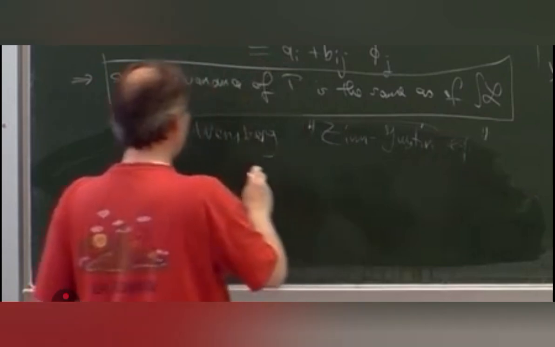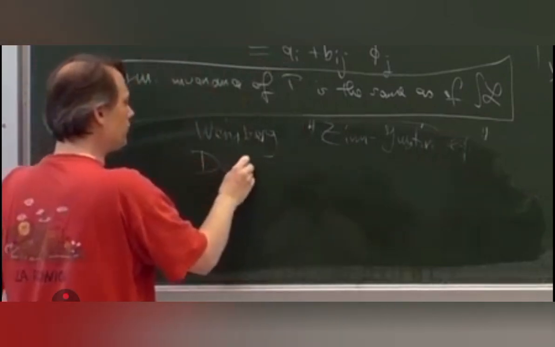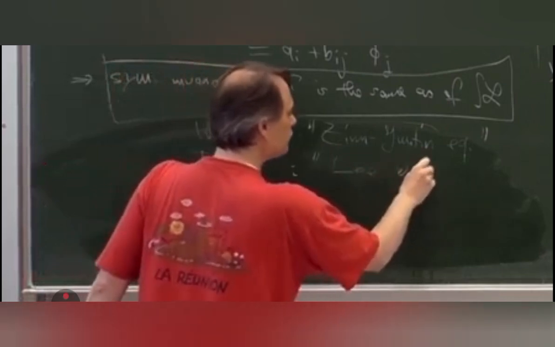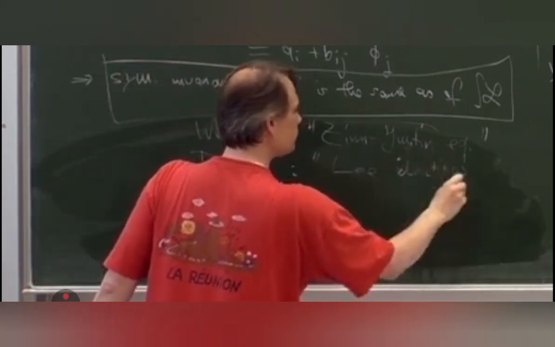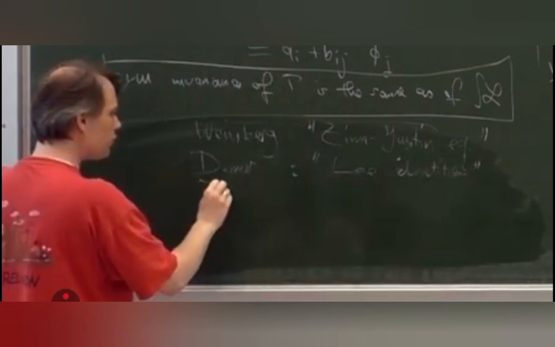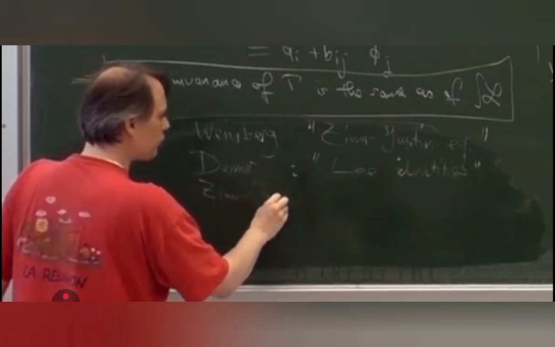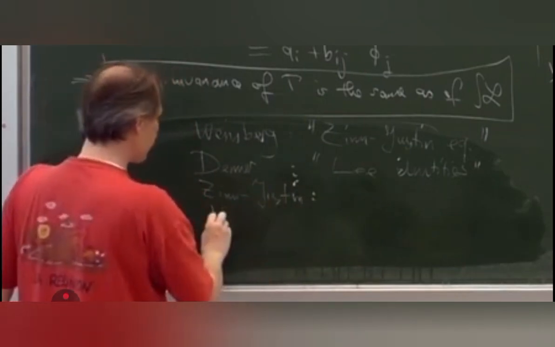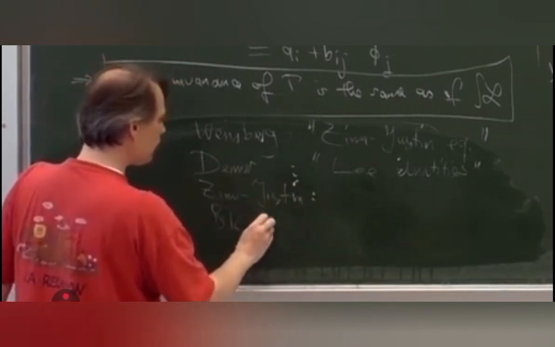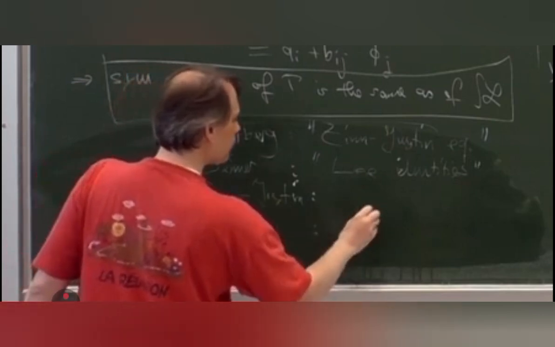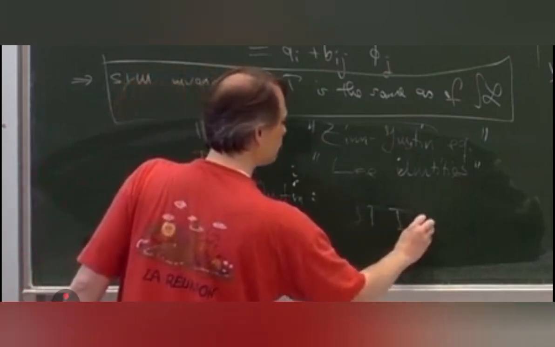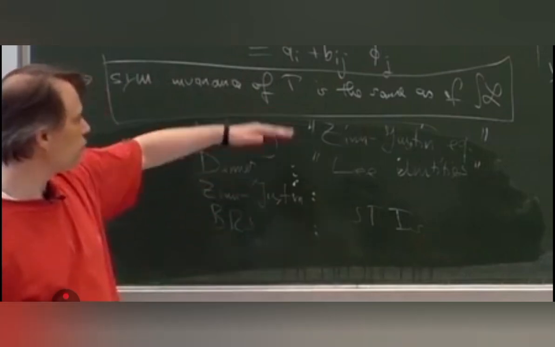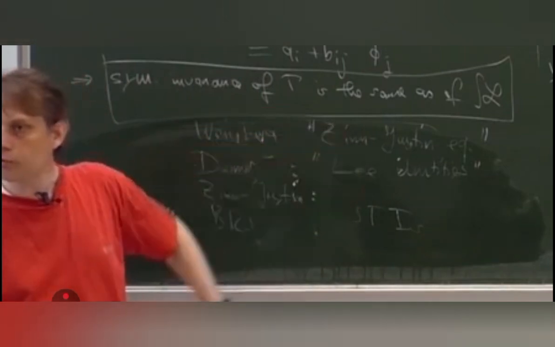In Denner's book, they are called Lee identities. Zinn-Justin himself, I don't know how he calls them, but I think he calls them, like BRS, Slavnov-Taylor identities. And also we will call them Slavnov-Taylor identities. But just so you know, once you read those books, they are referring to the identical equations.